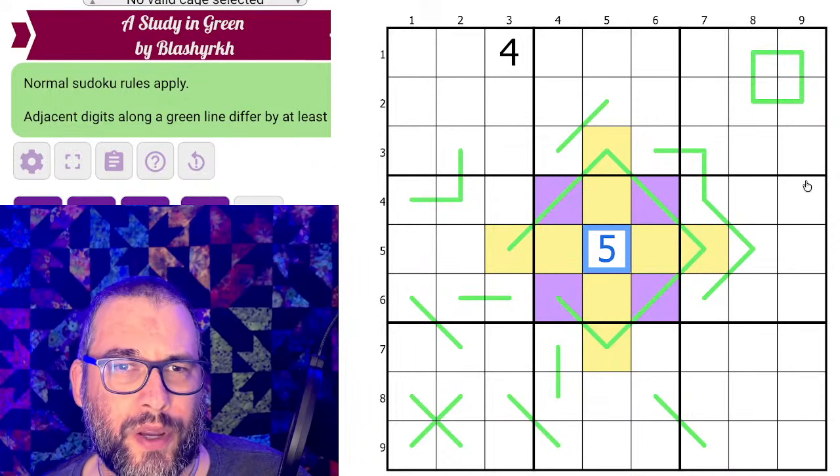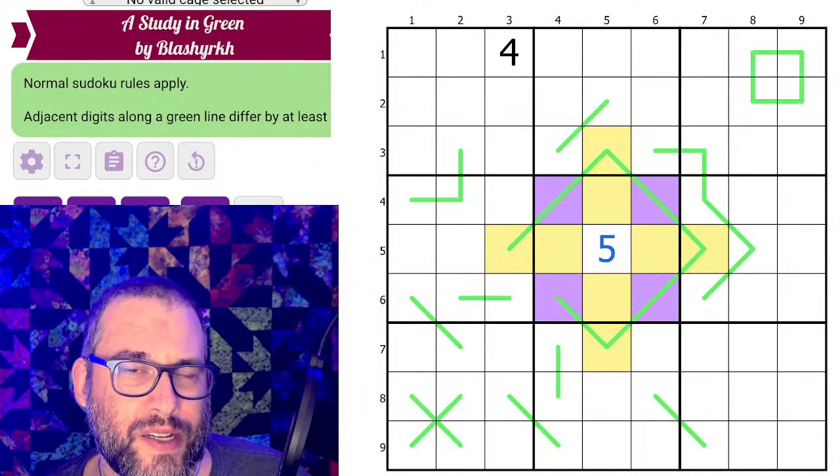You can disambiguate a German whispers puzzle with a black dot. I've seen it done.